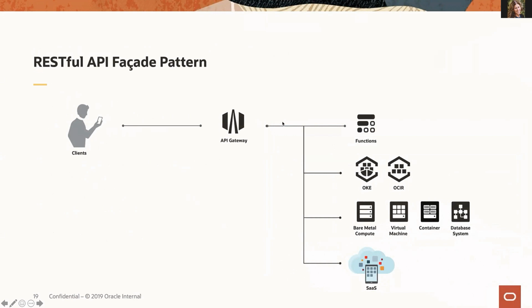And the APIs in the backend can be implemented as a function, can be an API implemented and running in a Kubernetes cluster, or on a VM, or even a database. And it can also be an API from an Oracle SaaS application, or even a third-party application.